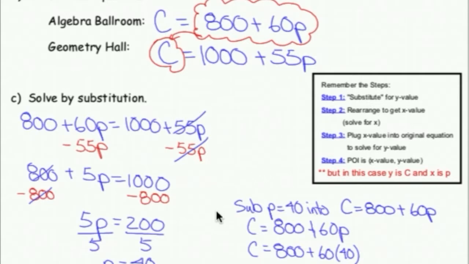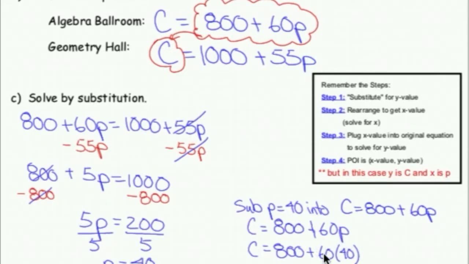We now have to sub our information we just found into whatever equation you want. So we chose C equals 800 plus 60p. Whatever equation from up here you want to put it into. So let's sub the 40 into our P spot. So we get C equals 800 plus 60 times 40.